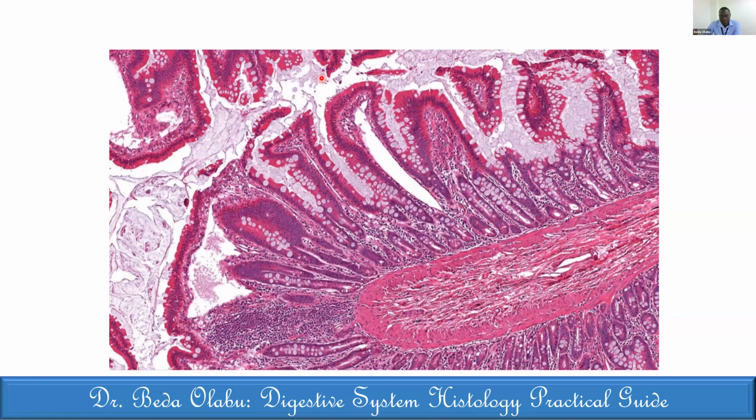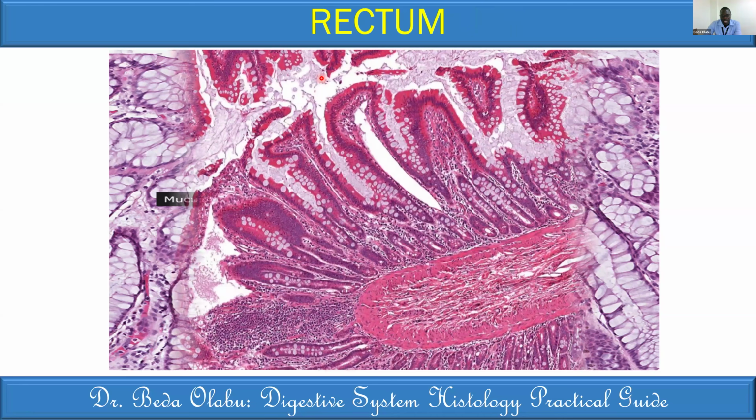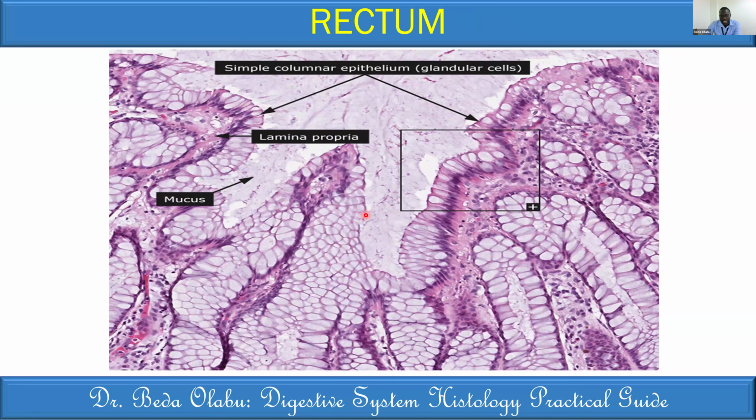So this is rectum. This is another image, not of the same slide, but just to show you how goblet cells can be numerous. These are goblet cells, and this is a mucus plug. That is very characteristic of the rectum.